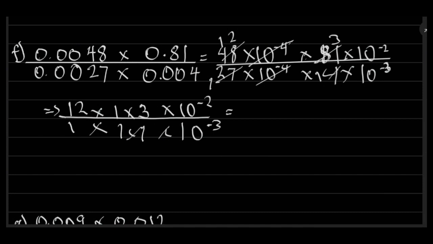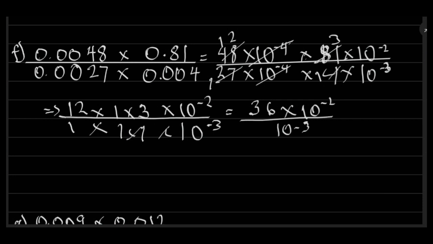That is going to give us 12 times 1 times 3, which is 36, times 10 raised to the power negative 2, all over 1 times 1 times 1 times 1 times 10 raised to the power negative 3, which will be 10 raised to the power negative 3.